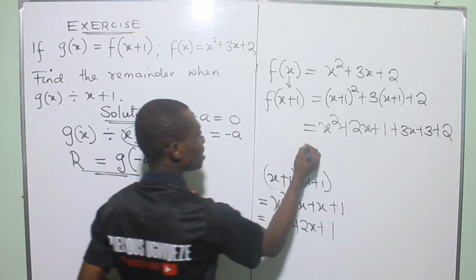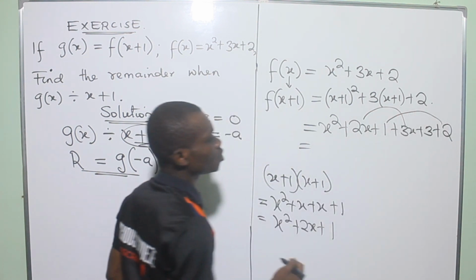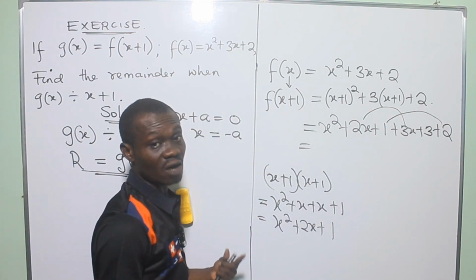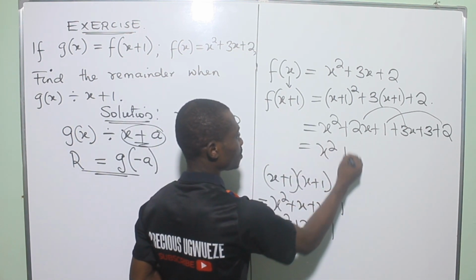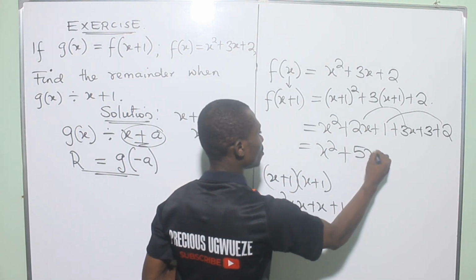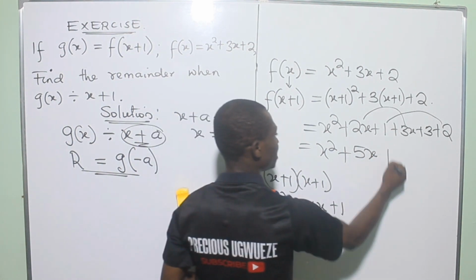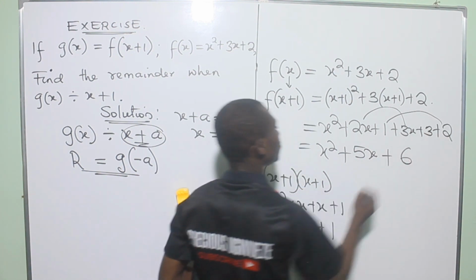Okay, and this is going to give us, we collect like terms. Numbers go to numbers, like alphabets go to each other. So I bring down x squared here, plus 2x plus 3x is equal to 5x. And finally, 1 plus 3 plus 2 is equal to 6.